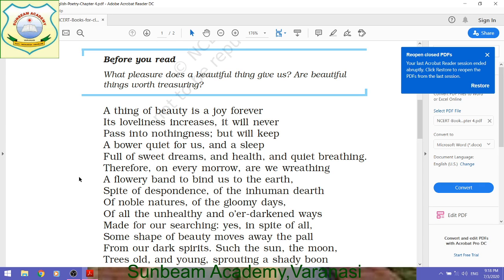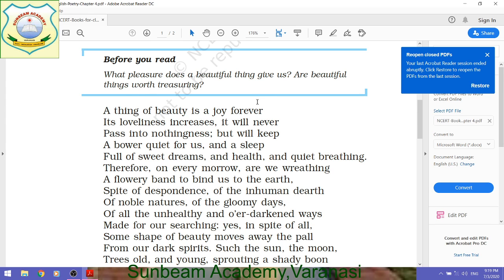Here the poet starts this poem with the first line, which conveys its theme, its message itself: a thing of beauty is a joy forever. A thing of beauty is a joy forever.